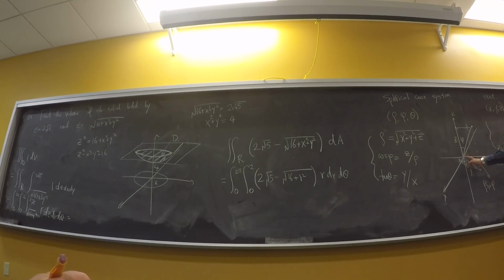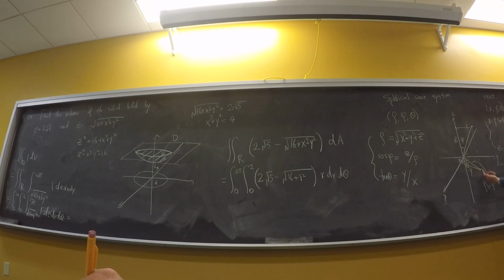So if I know this side has length rho sine phi within this right angle, I can quickly write down what x is and what y is. All right? This side is rho times sine phi, and this is angle theta. So x is going to be equal to rho sine phi multiplied by cosine theta.